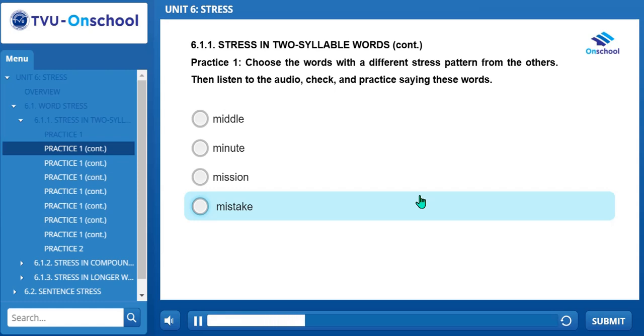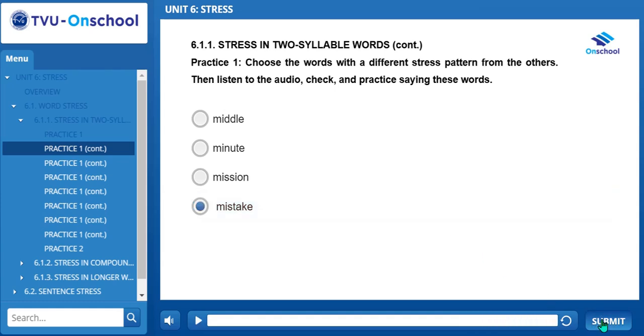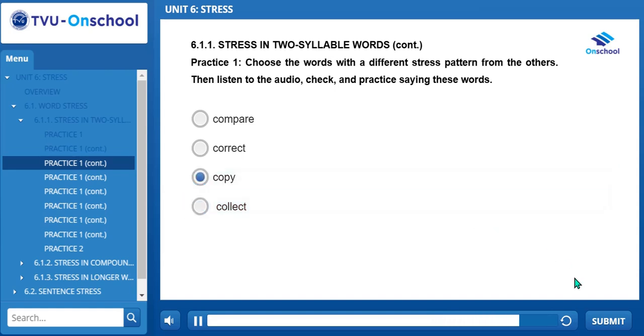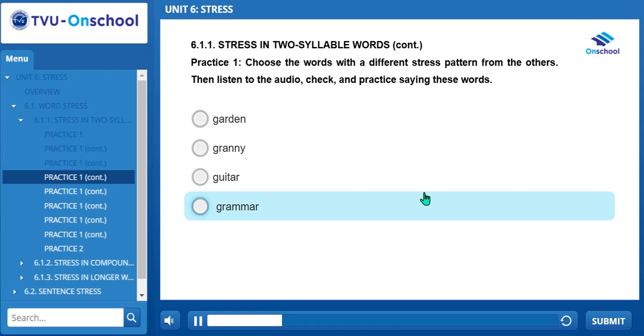Two. Middle, minute, mission, mistake. Three. Compare, correct, copy, collect. Four.